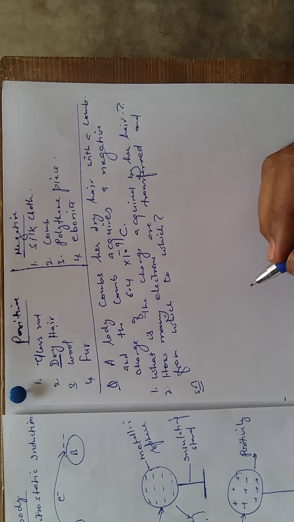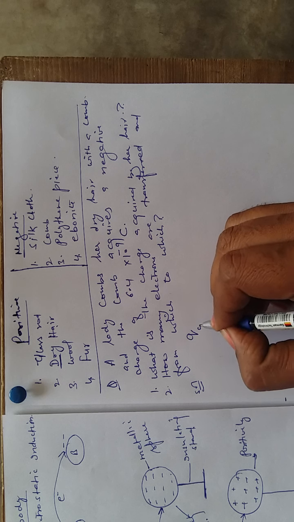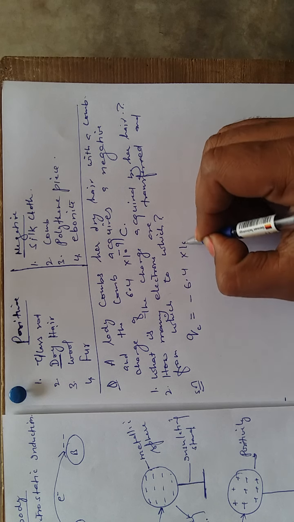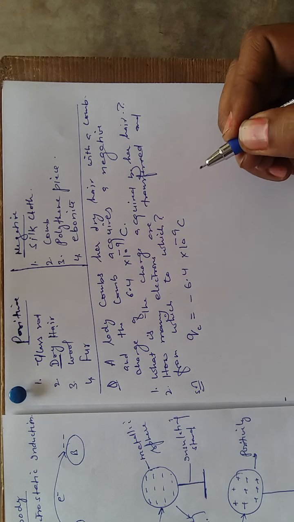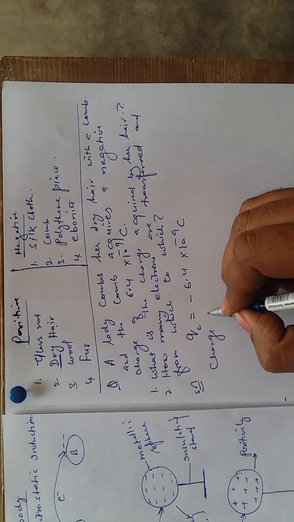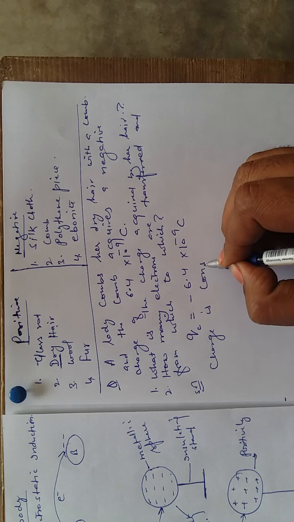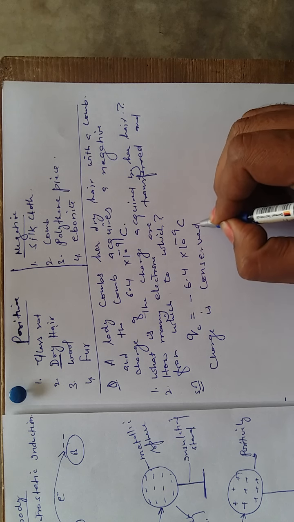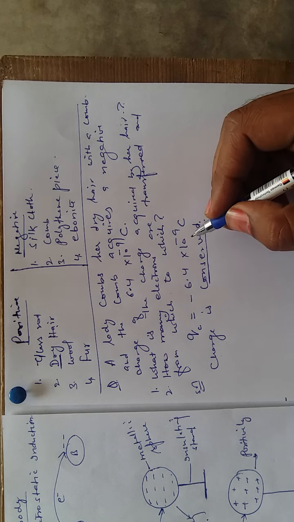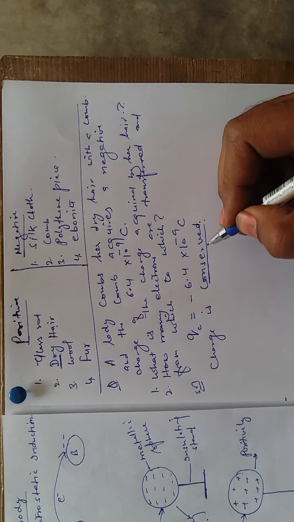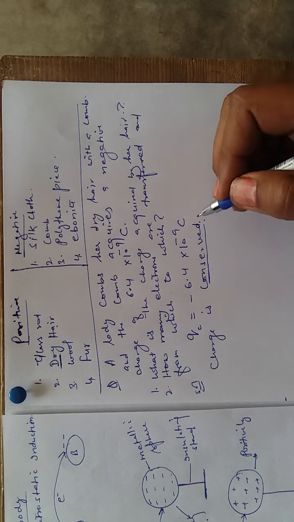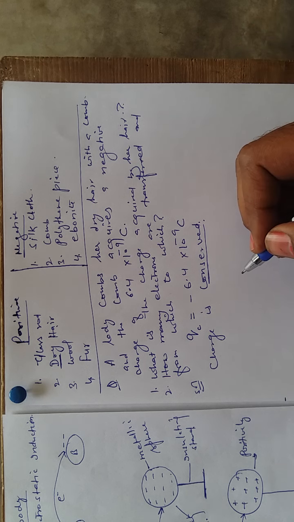So you know that the charge acquired by the comb is given to you, that is minus 6.4 into 10 to the power minus 9 coulomb, and from the property of charge we know that charge is conserved. That means it can neither be created nor be destroyed. Initially the charge on the comb and the hair was 0. Neither the comb nor the hair had charge, so net charge on the comb and the hair was 0 before rubbing.